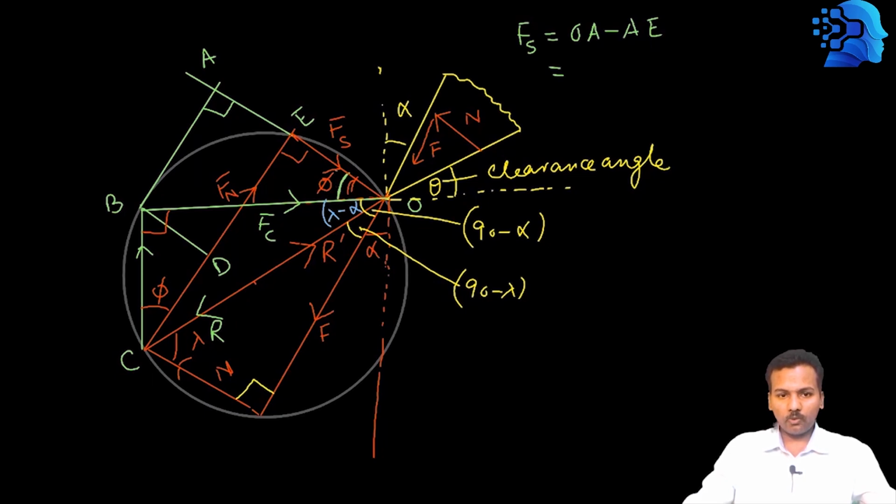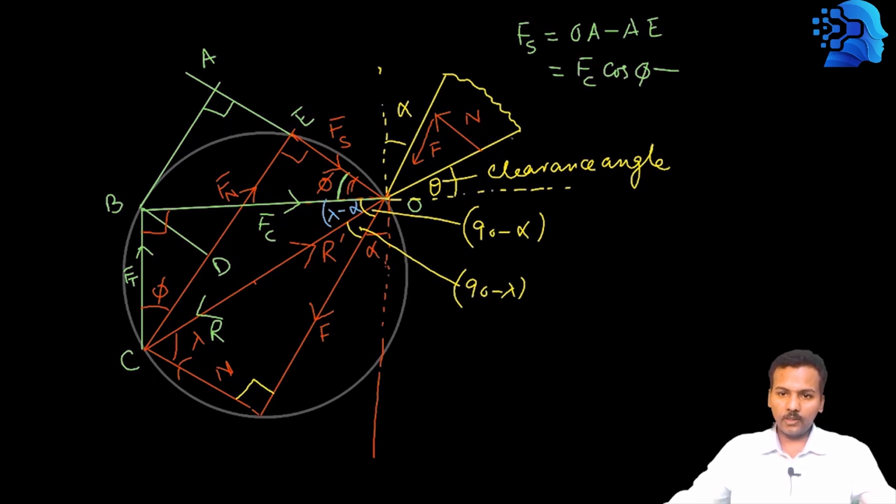So Fc cos phi is nothing but OA. So you can write this as Fc cos phi minus AE. AE is equal to BD, and BD is the force Ft. So Ft sin phi is this BD.